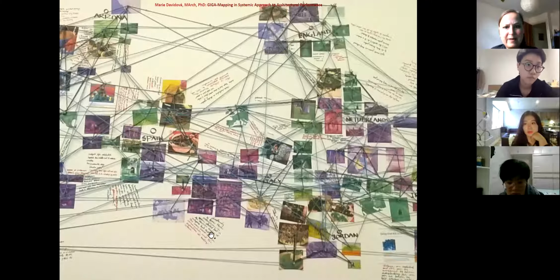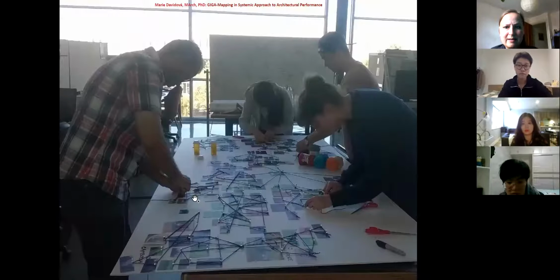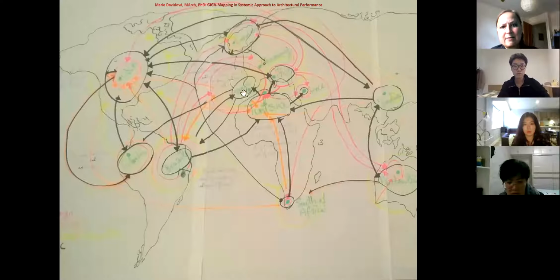They have been interpreting all those relations and drawing scenarios of what can all go well and what can all go wrong. So this would be when they were starting drawing a map and then relating. A similar workshop again in Tunisia.